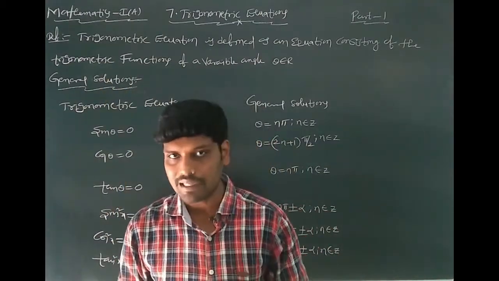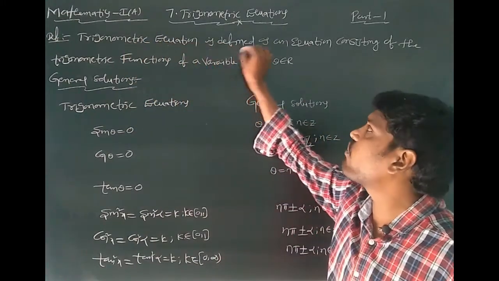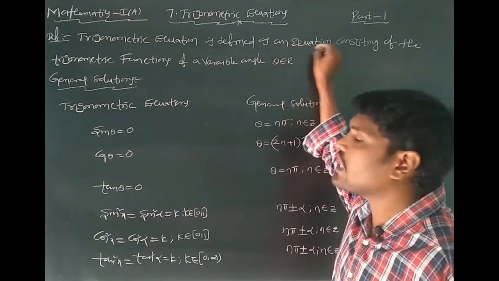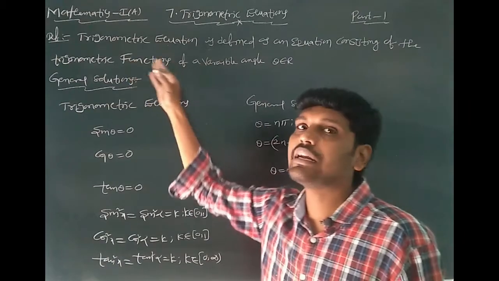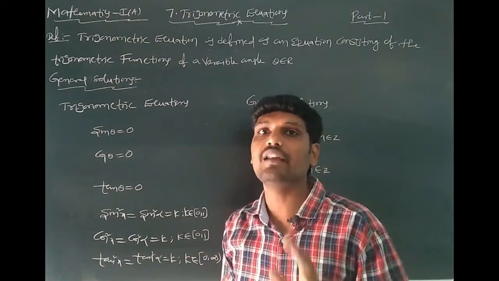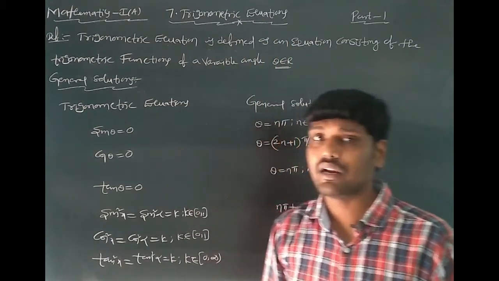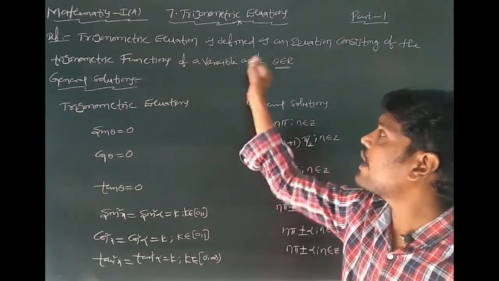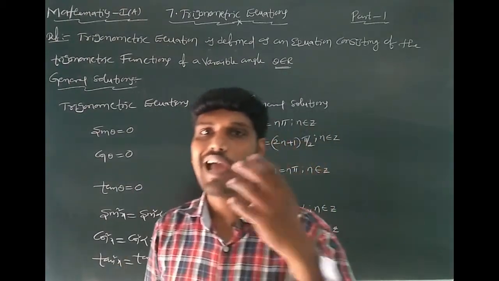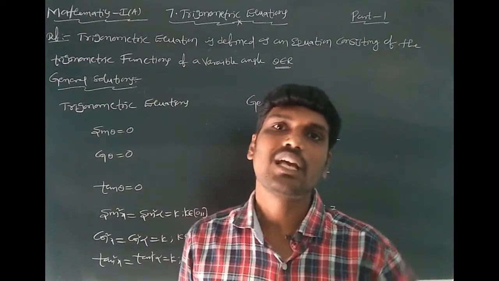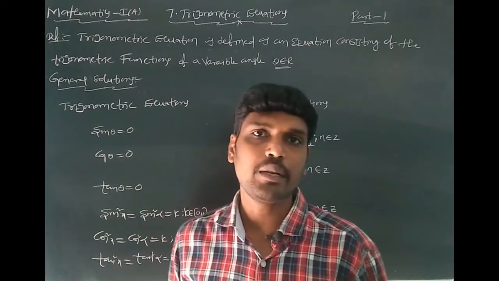It is defined as an equation consisting of trigonometric functions of an angle variable, where theta belongs to R, the real numbers. The functions of a variable angle are sin x, cos x, tan x, cot x, secant x, cosecant x. These are the trigonometric functions of the variable angle.